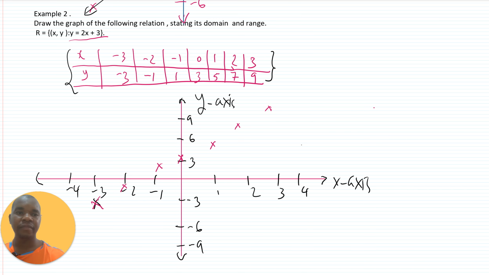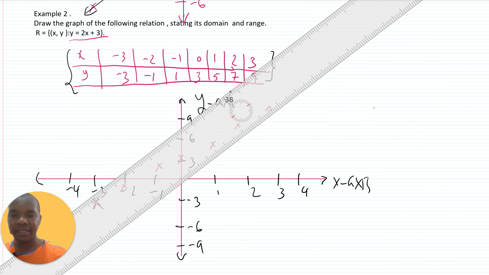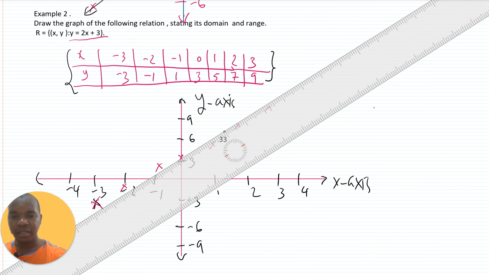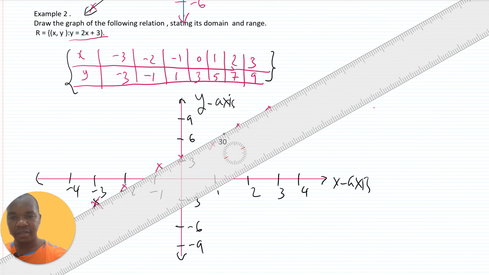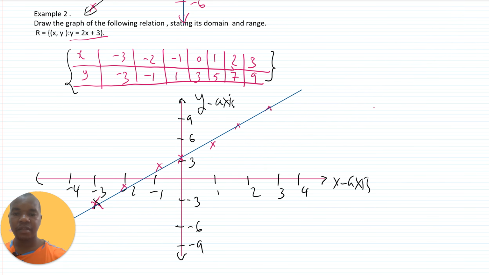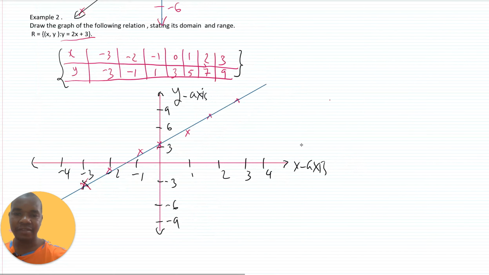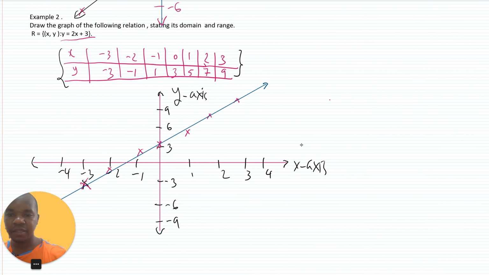You just take a ruler and combine these points with the ruler. From here you can see that this is the graph of y equals 2x plus 3, dear students.